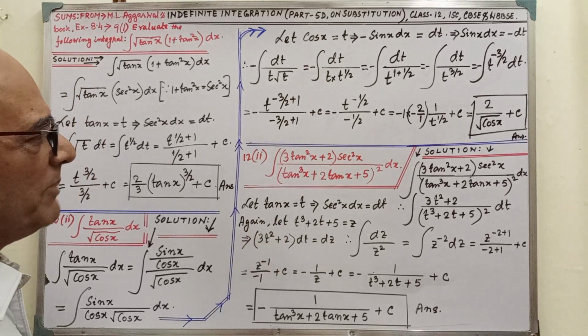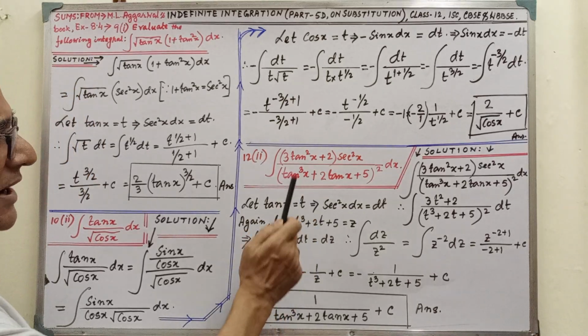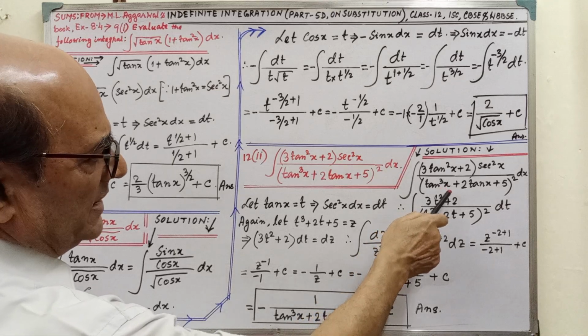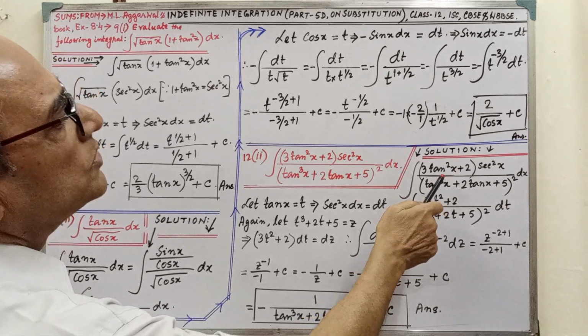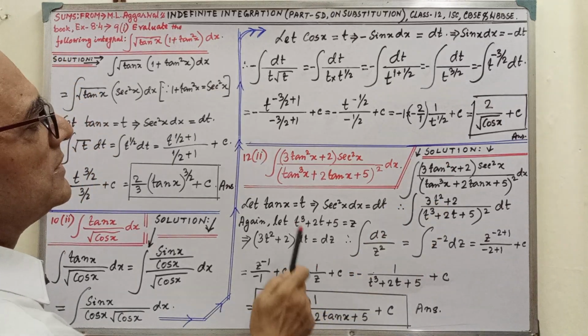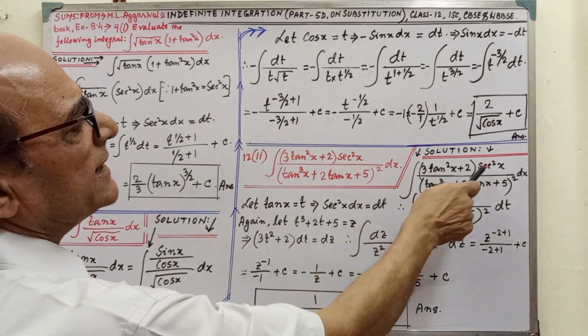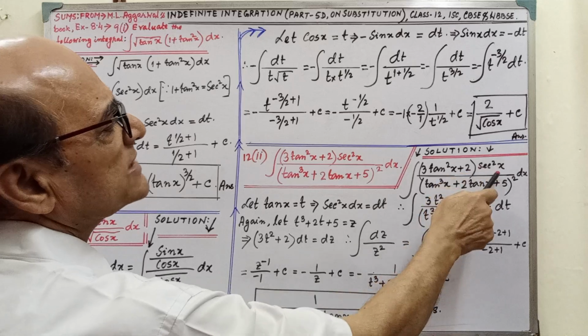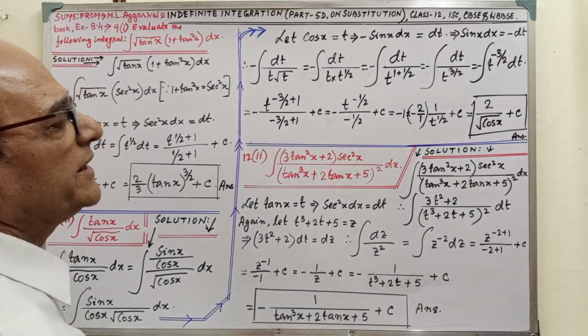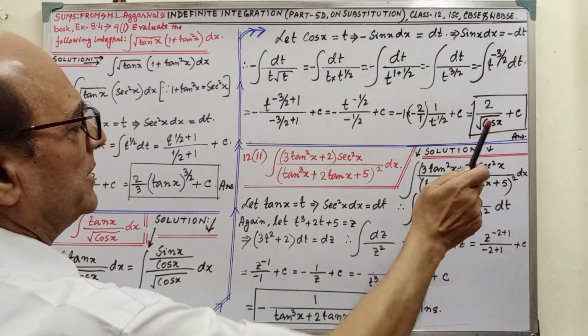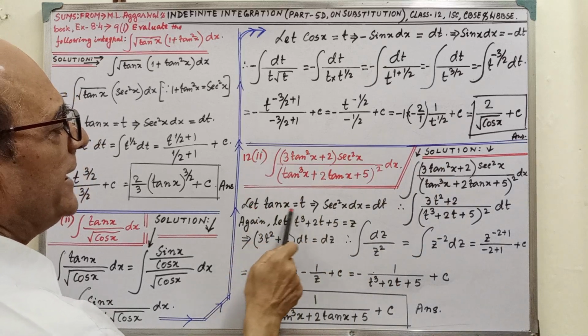Next sum, that is 12 part 2. First we have to write the sum. This is the sum. Then here also we have to think which part. If we take tan x, then differentiation of tan x is sec square x. So without simplifying, directly we are getting the remaining part. This is why let tan x equal to t.